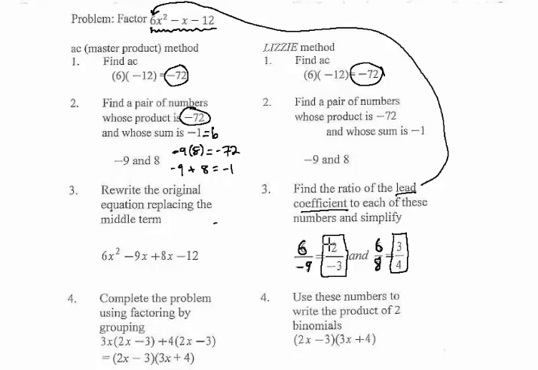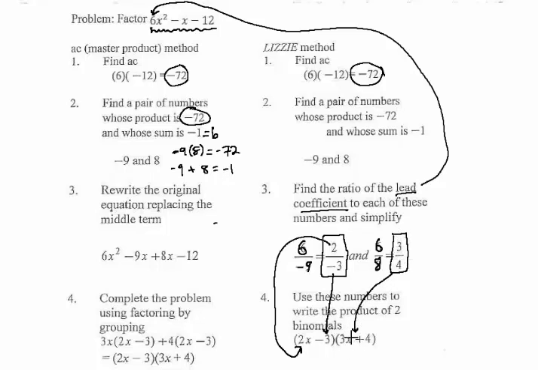You see that the 2 goes here in front of the x of our first factor, and then the negative 3 is the non-variable term of the first factor, so 2x minus 3. Then this other fraction translates into the second factor.